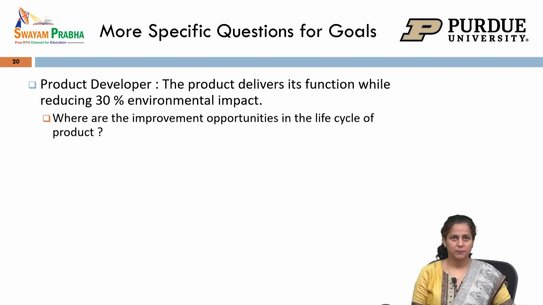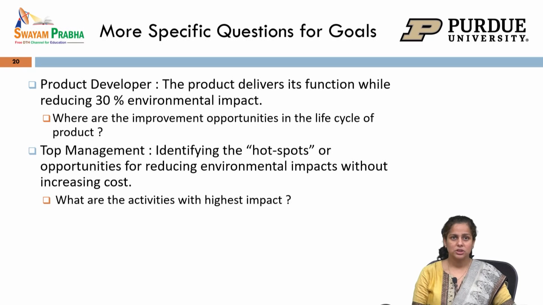For product development, it could be: where are the improvement opportunities in the life cycle of the product? This means that if you want to develop an LCA for a product developer with this specific question in mind, then specifically looking at each of these life cycle stages and the environmental impact that can be reduced will be one of the key focuses.